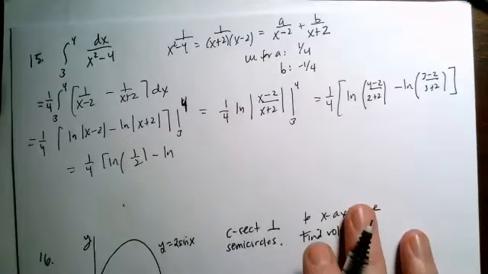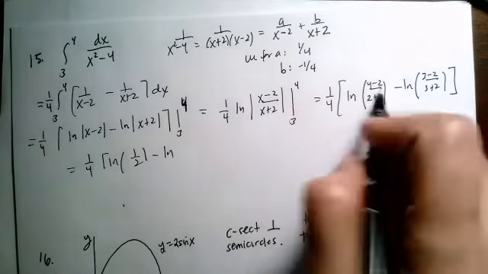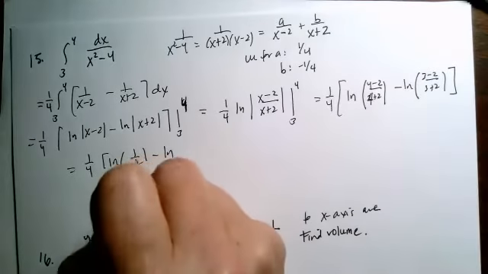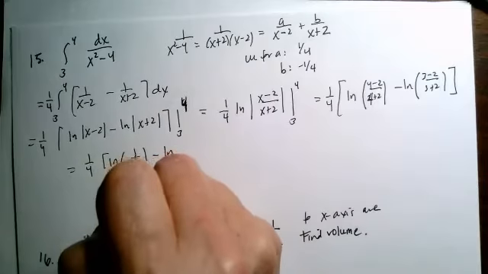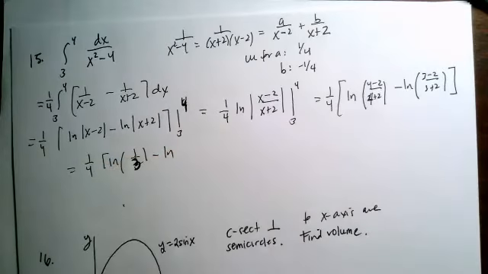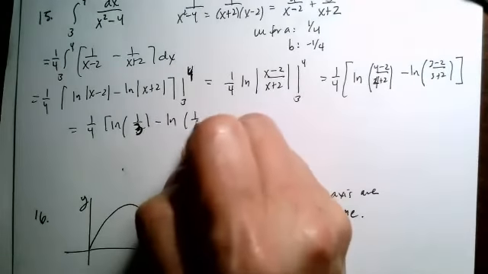Uh-oh, I think I messed something up. Your denominator should be 4 plus 2 for the first one. Yeah, so that should be 2 over 6, which is 1 over 3. And then this one should be 1 over 5.